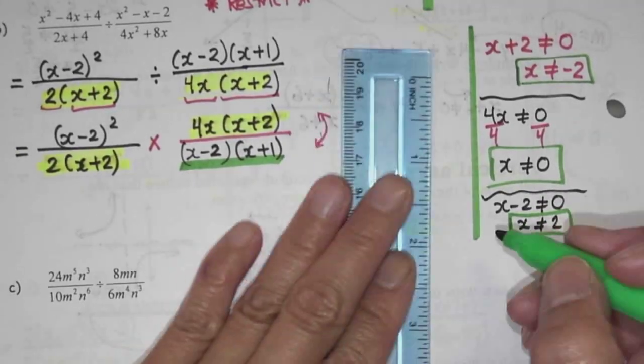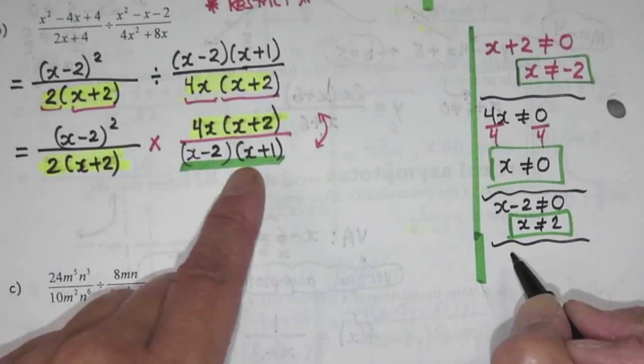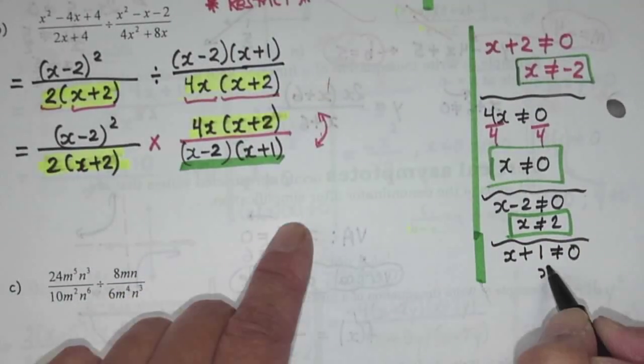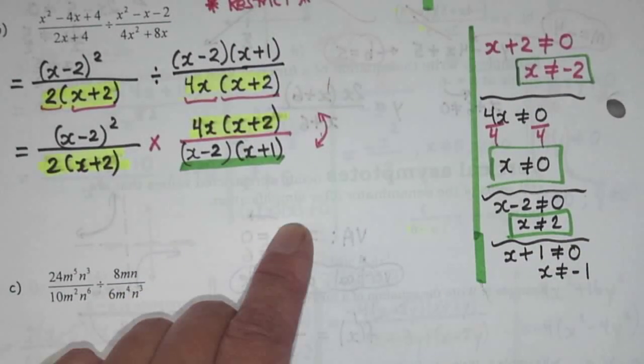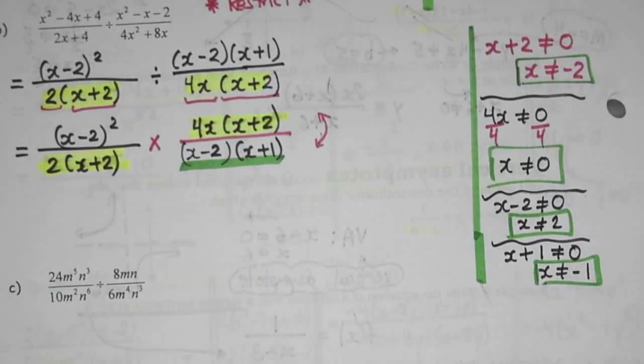And one more time, x plus 1 also cannot equal 0, so x cannot equal negative 1. Is that a repeat? No, no repeats. And I'll do all 4 of those restrictions at the end.